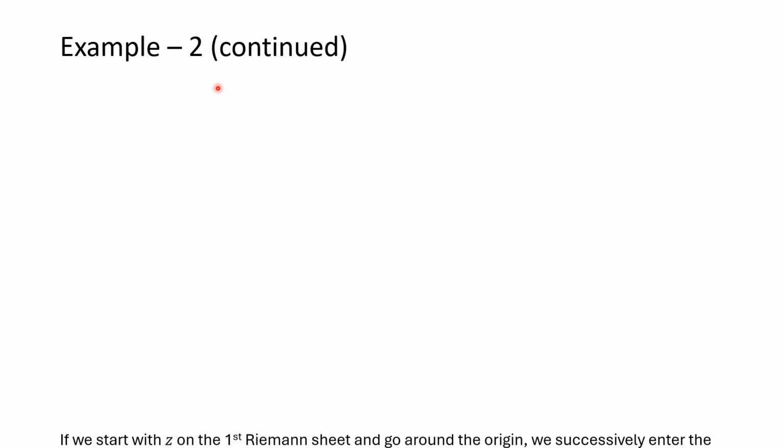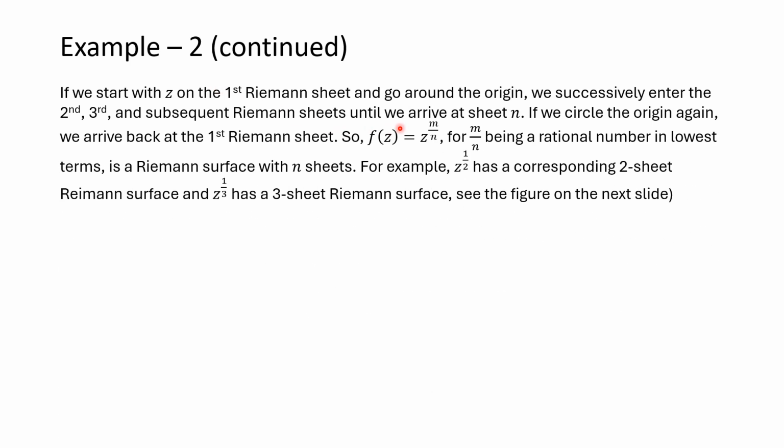Continuing from the previous slide where we had c equals a rational m over n, if we start on the first Riemann sheet and go around the origin once, we reach the second Riemann sheet, and the third, until we arrive at the nth Riemann sheet.